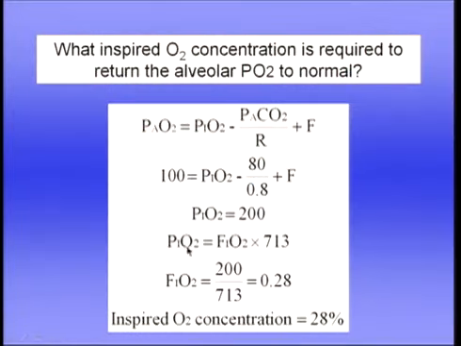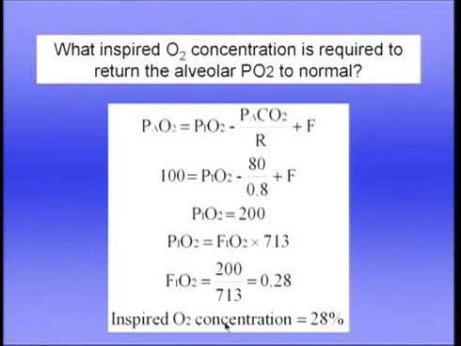Well, we use the equation that we've already talked about, that the PO2 is the fractional concentration times 713, because remember, we're dealing with moist inspired gas, so we have to subtract the 47 from the 760 millimeters of mercury, giving us 713. So now we simply solve that equation. FiO2 is PiO2 over 713, which comes out to 0.28.